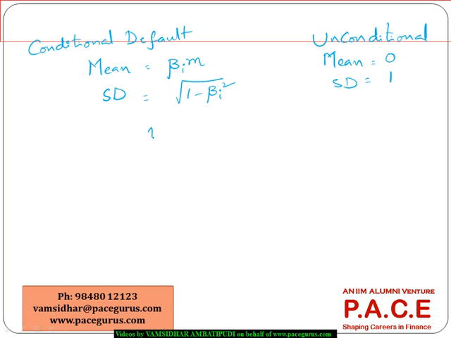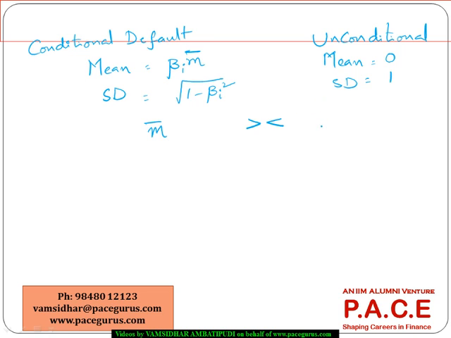Now based on this, I have to specify some value for m, the market parameter, and based on the value defined for the market parameter, I will get the distance to default either higher or lower. From here what we could notice is that the conditional probability of default is either greater than or less than the unconditional probability of default.